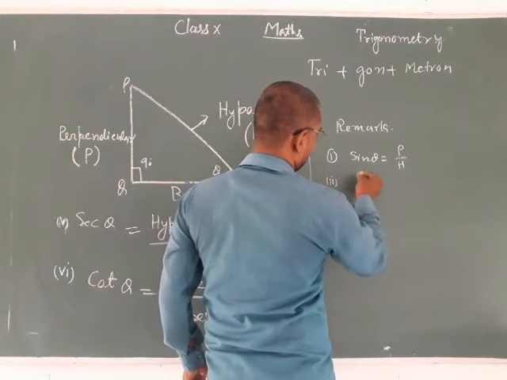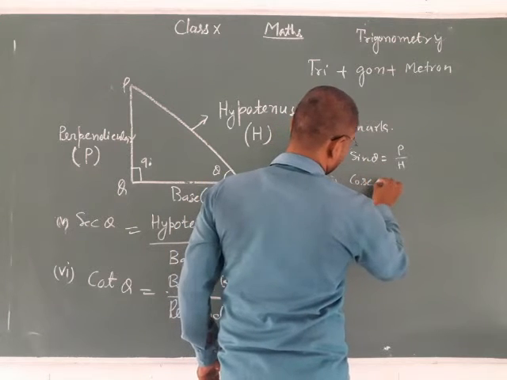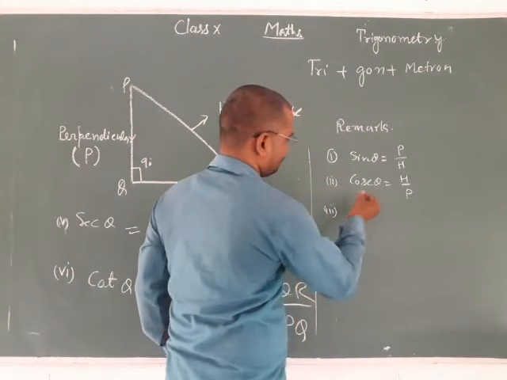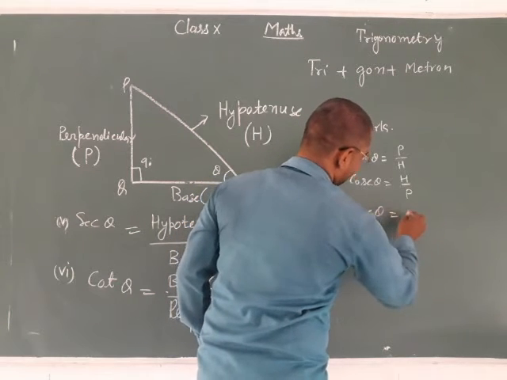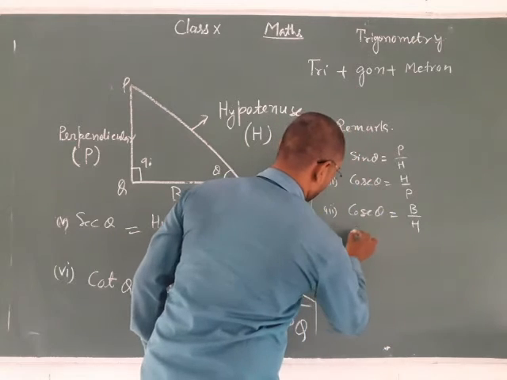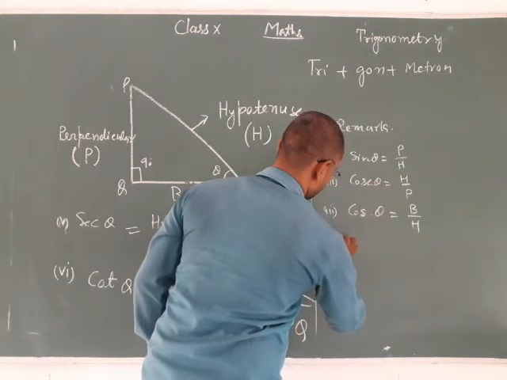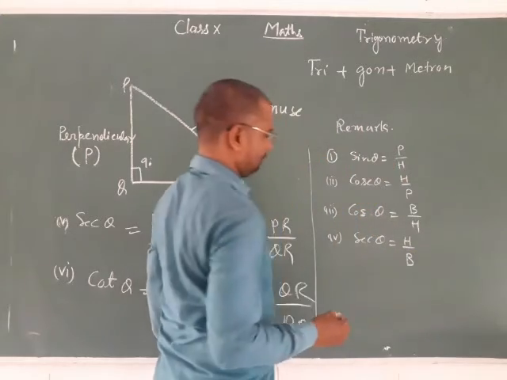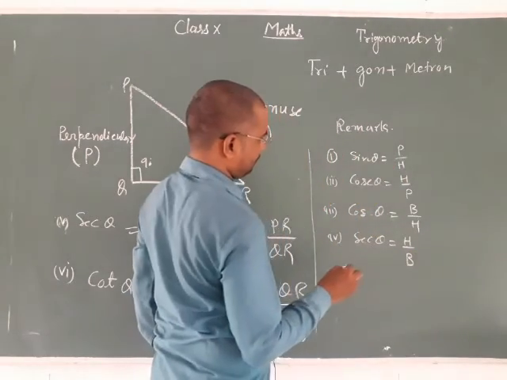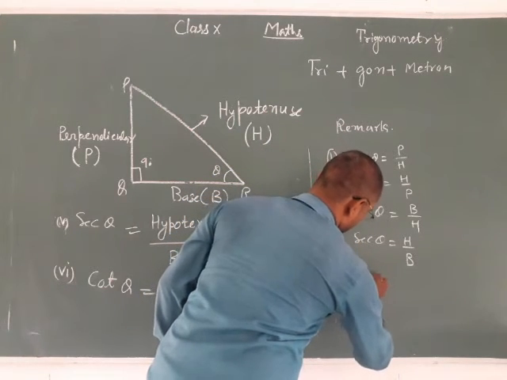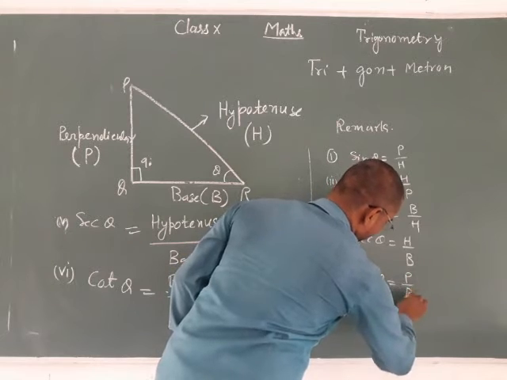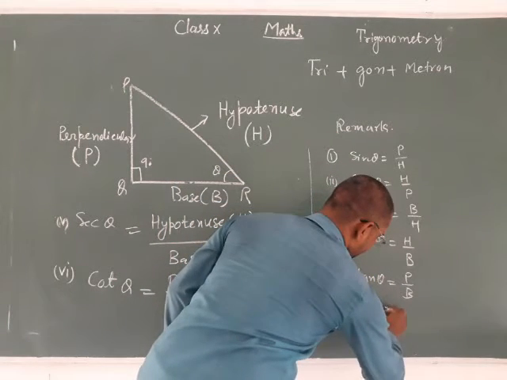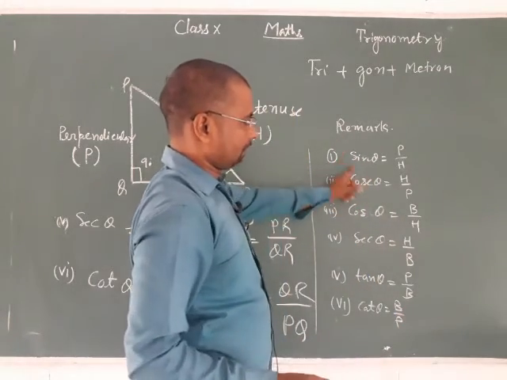Second, cosec theta is the opposite of sin, H upon P. Third, cos theta is equal to B by H. Fourth, sec theta is equal to H upon B. Fifth, tan theta is equal to P by B, and sixth, cot theta is equal to B by P. So learn according to this.